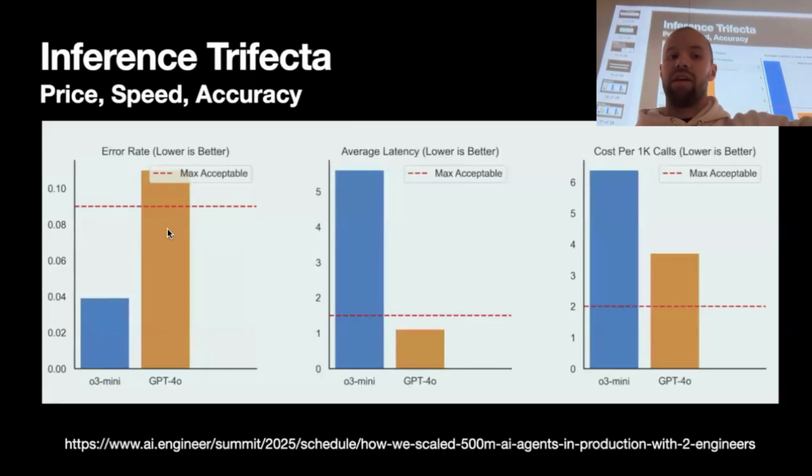So you're trying to balance how accurate it is and how fast it is. And then the final one is just cost per 1,000 API calls. So for this specific use case, I think they were processing like 500,000 documents a day. So both price and latency, well, throughput actually, were really important to them. And then they have a higher bar for the error rate.